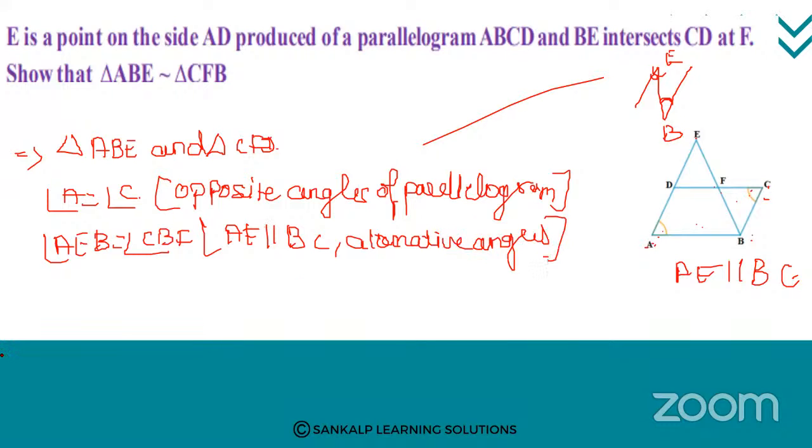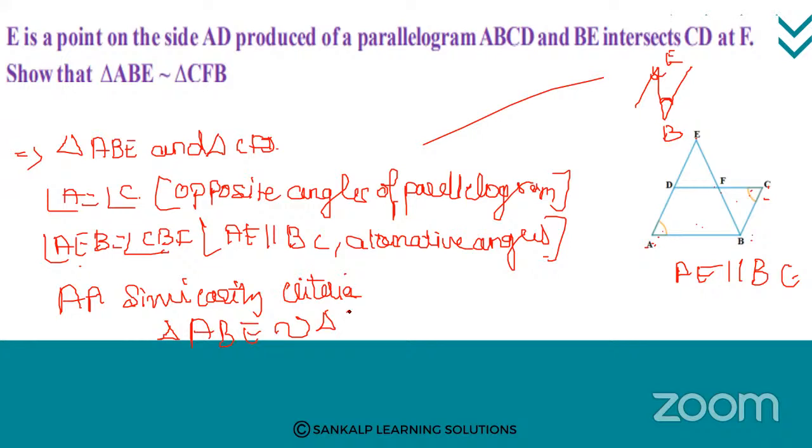Okay. Now, here how many angles are equal? Two angles are equal. So, A is equal to C and E is equal to B. That means by using AA property, AA similarity criteria, we can say that triangle ABE is similar to triangle CFB, right?